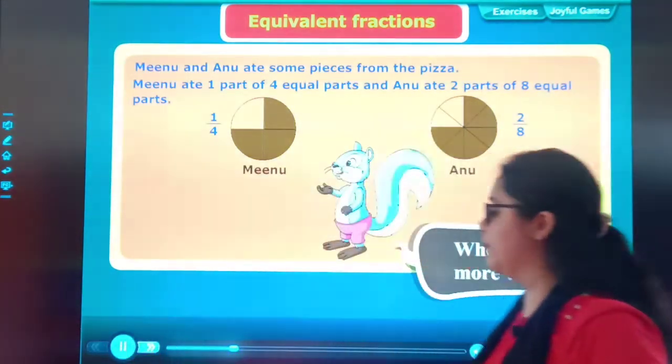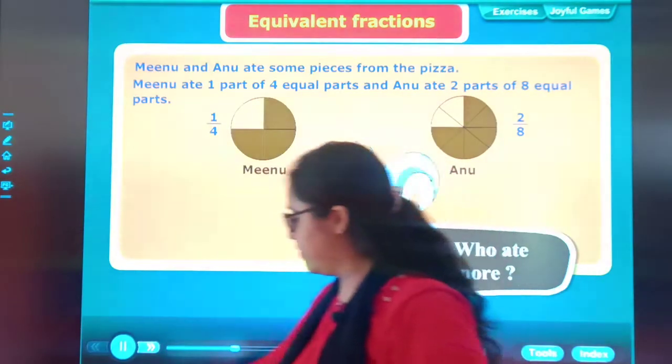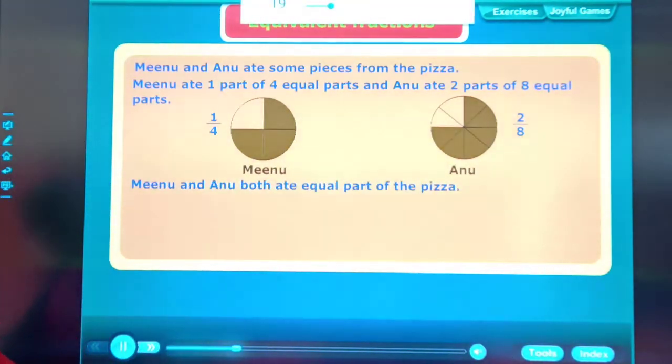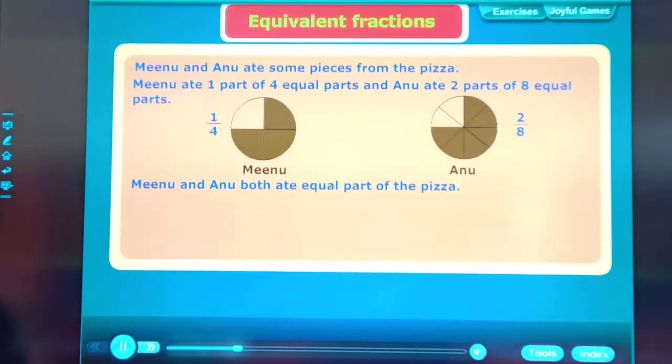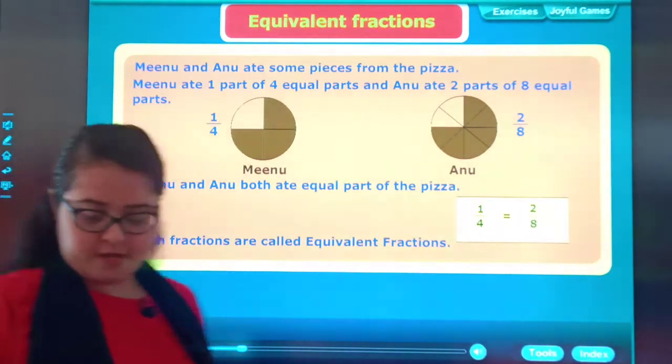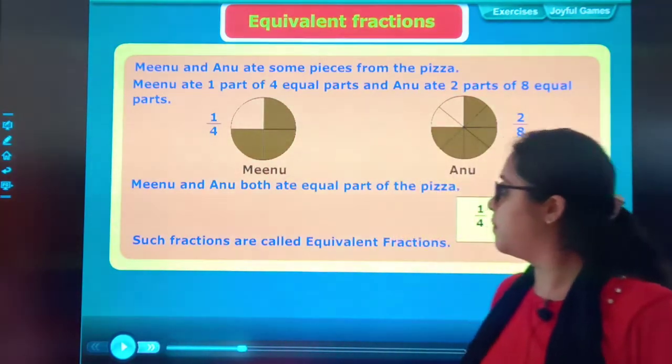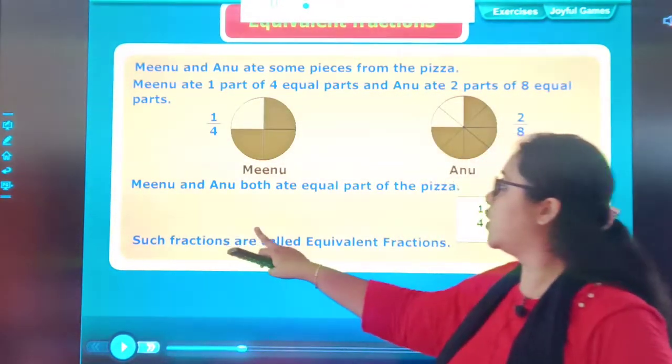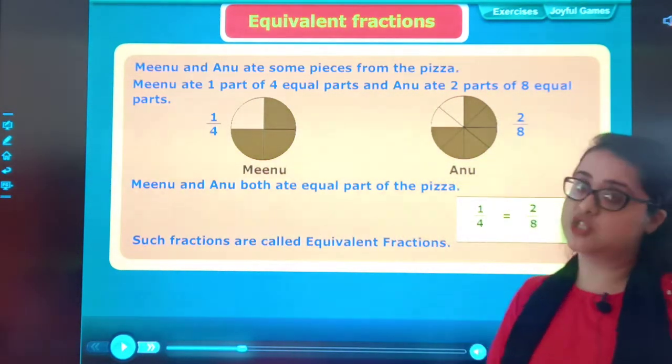Now let's see. Equal parts of the pizza. 1 upon 4 is equal to 2 upon 8. Such fractions are called equivalent. So students, Meenu and Anu both ate equal parts of pizza.